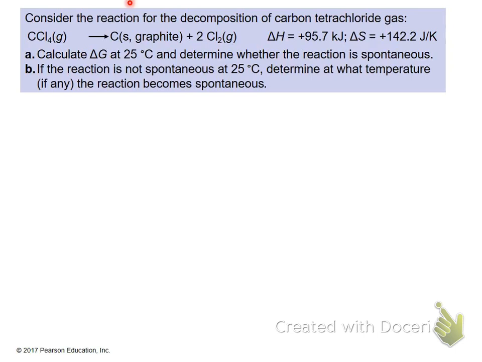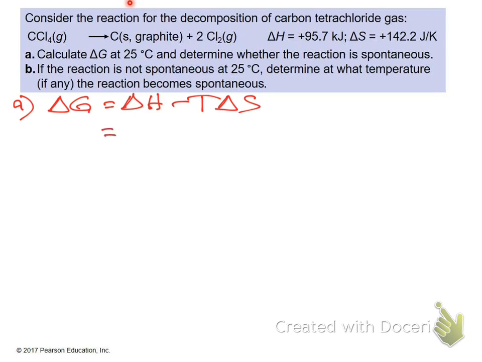So part A, calculate delta G at 25 degrees Celsius and determine whether the reaction is spontaneous. All right, so we know the equation for delta G. So delta G is equivalent to delta H minus T delta S, right?